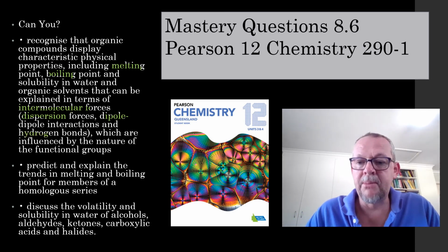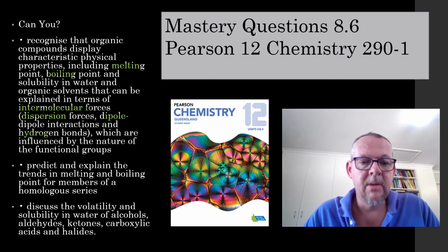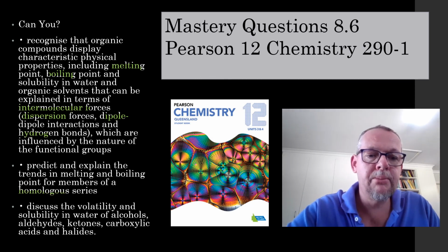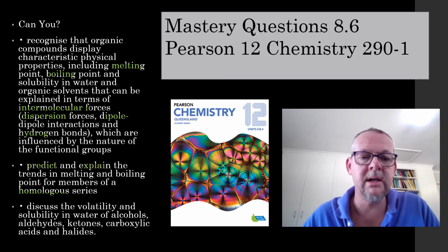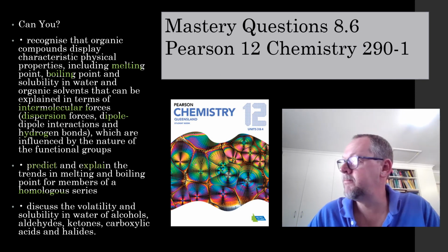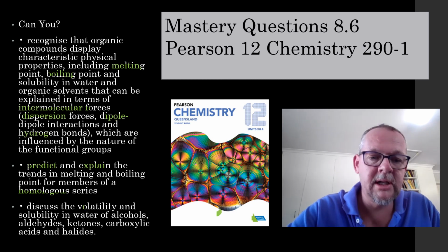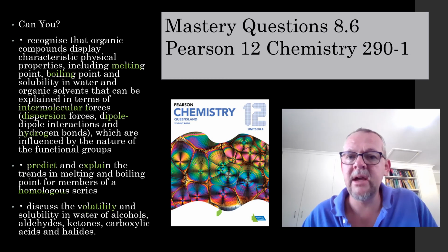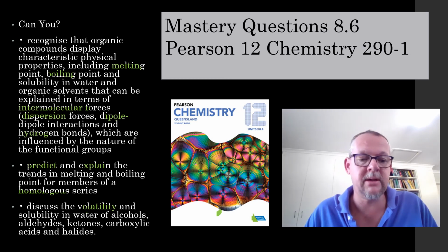And that's influenced by the nature of the functional groups on them. Now, can you look at a homologous series and predict and explain the trend in the melting and boiling point and discuss the volatility of those as well? When you're done now, I'd like you to work on the mastery questions, please, students.